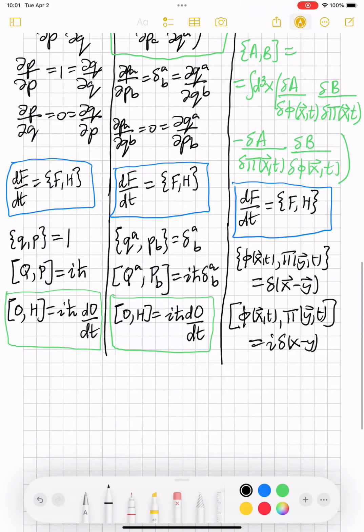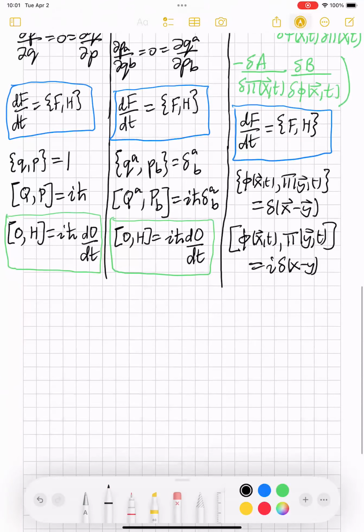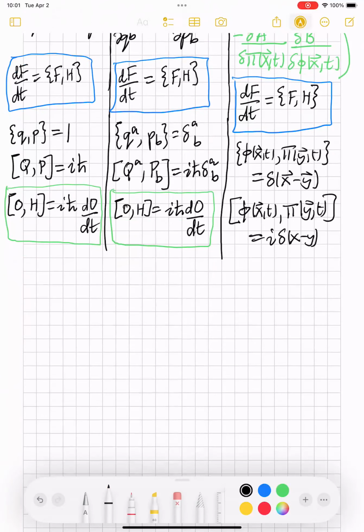Now this is great because this commutation relation will specify what I mean by my field operators. I'd be able to solve that commutation relation to get hold of the field operators, and that's one of the things that we're going to do. We're going to make sure that for the free field, we reproduce the answer that we got before.